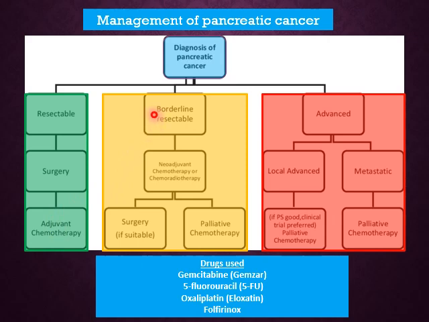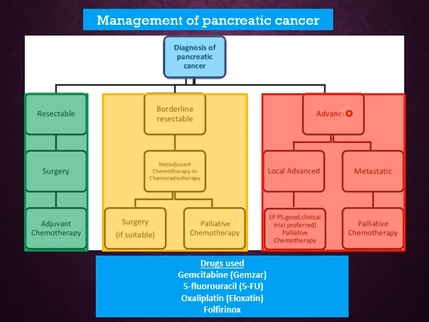In borderline cases, there's neoadjuvant therapy, chemotherapy or chemoradiotherapy, to downgrade the tumor if possible. If it is suitable, you proceed after that with surgery. If it is not, then proceed with palliative chemotherapy.